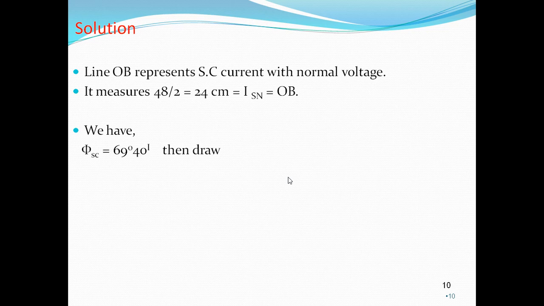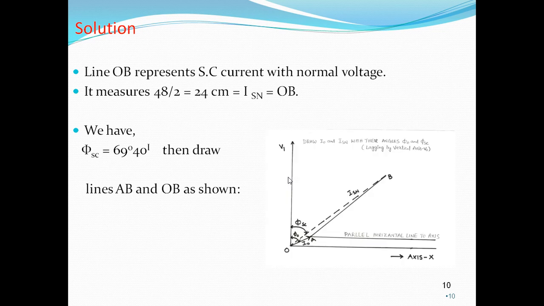So we have phi SC is equal to 69 degrees. So now we draw OB, 24 centimeters at an angle of 69 degrees. So here you can see both AB and OB.